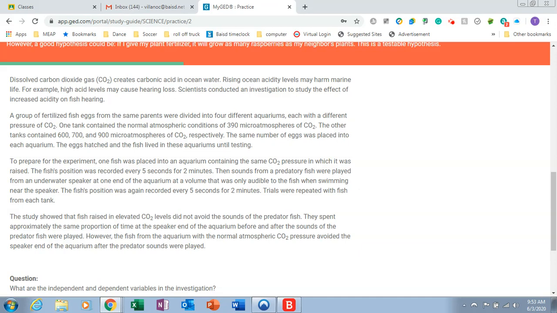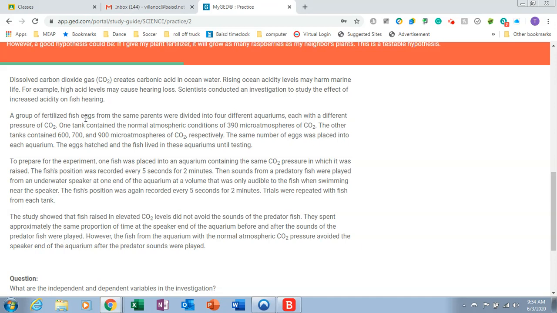Well, I already know what the dependent variable is going to be. Where they are in the tank is going to be dependent on the amount of CO2 in the tank, because the more CO2 in the tank, the more it affects their hearing, and they won't be able to hear as well. And so when they're near the speaker and they're in a 900 CO2 tank, they will not even hear it and they will just sit by the speaker.